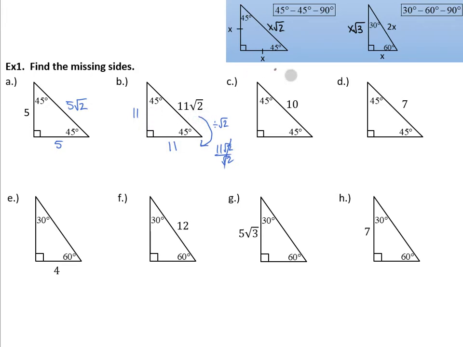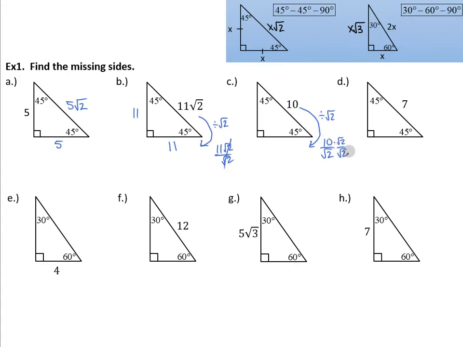Okay, well, we can use this idea to go from a hypotenuse that doesn't have the root 2 with it and still find these missing legs. So again, following our pattern, we know to get to the hypotenuse, we'd multiply by root 2. So to go backwards, let's divide. So if I do 10 divided by root 2, now you might remember we're not supposed to leave radicals in the denominator.